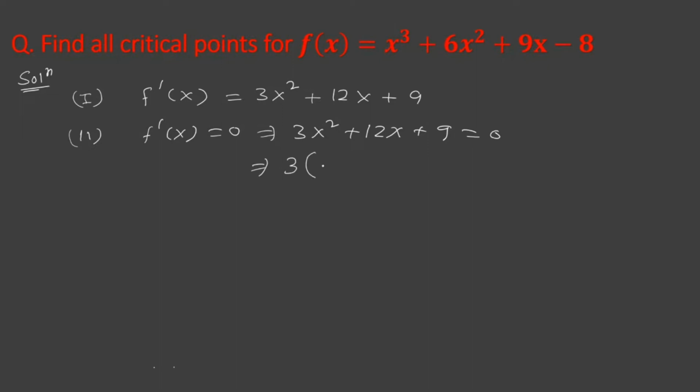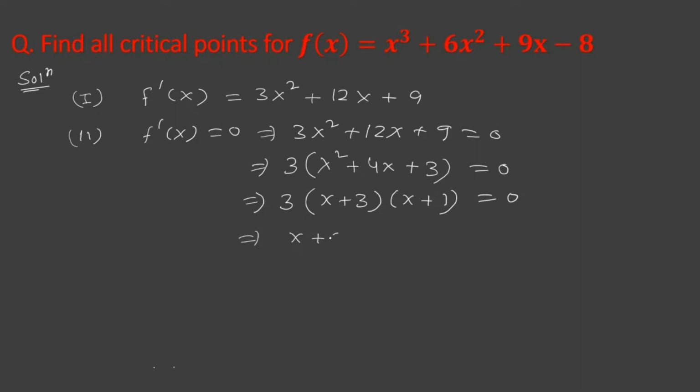So this implies 3 times x square plus 4x plus 3 is equal to 0. This is x plus 3 and x plus 1 is equal to 0. So this implies x plus 3 is equal to 0 or x plus 1 is equal to 0.